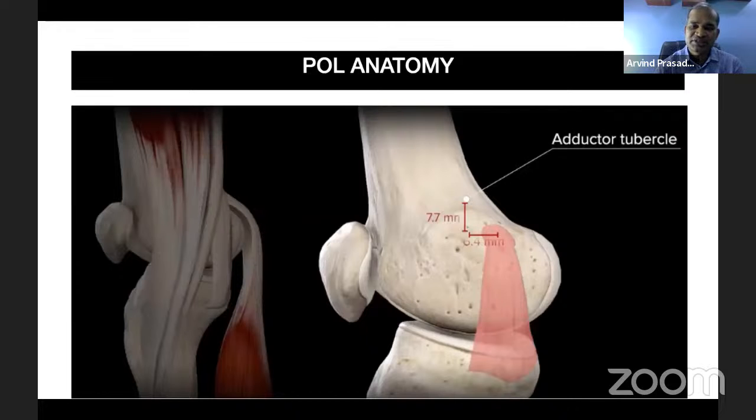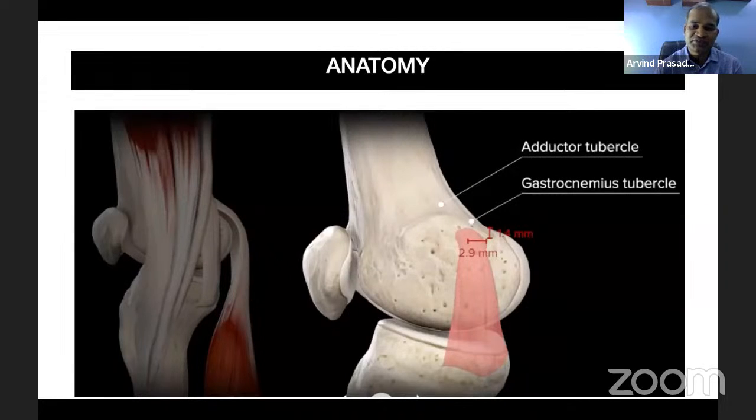Next is the posterior oblique ligament. Its attachment is a little bit posterior to the superficial collateral ligament, almost around 6 millimeter posterior to the attachment of the superficial, as well as around 7 millimeter distal to the adductor tubercle.